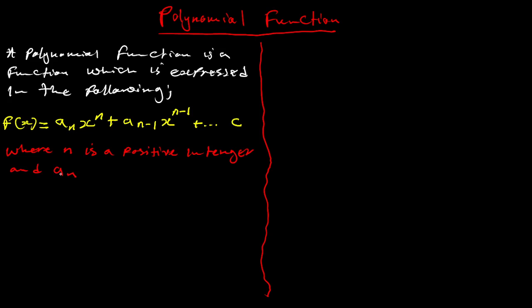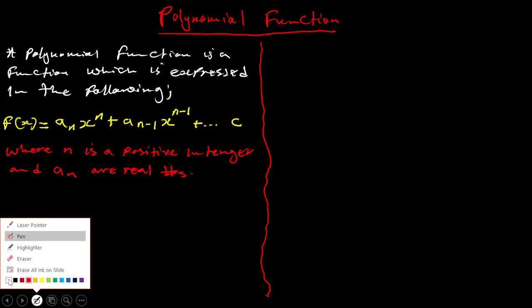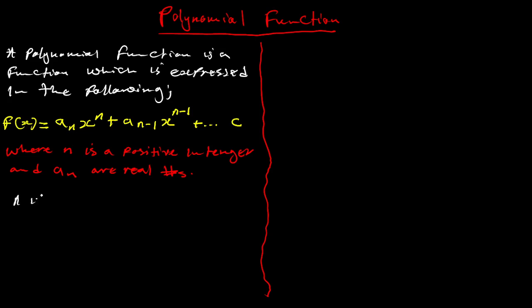This simply means that they can be positive or negative numbers. Then one thing you need to understand is that n, which is here, is simply the degree of the polynomial.